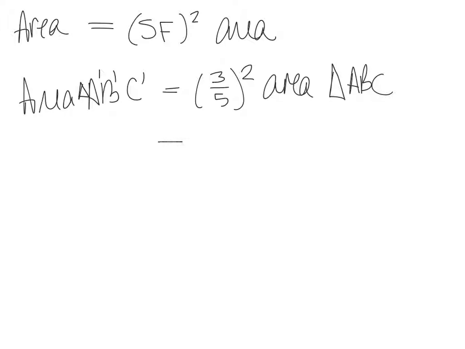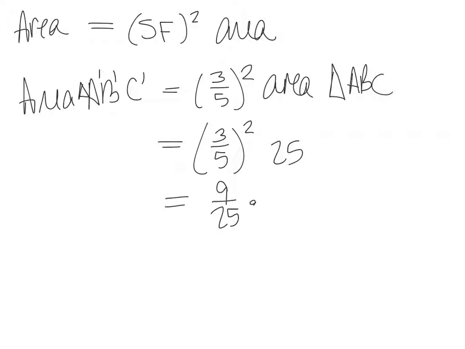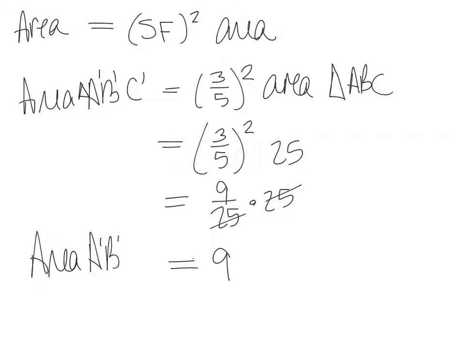So if we know the area of the bigger triangle is 25, the area of the small triangle is going to be 9.